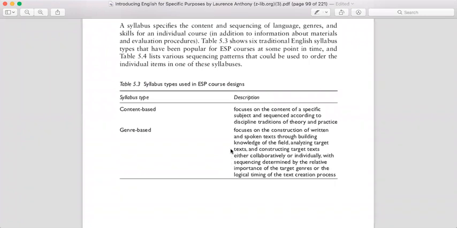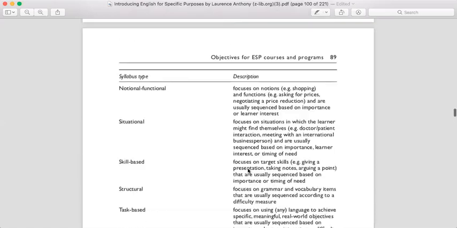It focuses on the construction of written and spoken text of the target text, right, either collaboratively or individually, and then it is sequenced. So it is genre based, specific, field based. Okay, content based, teaching of English through other subjects, right?